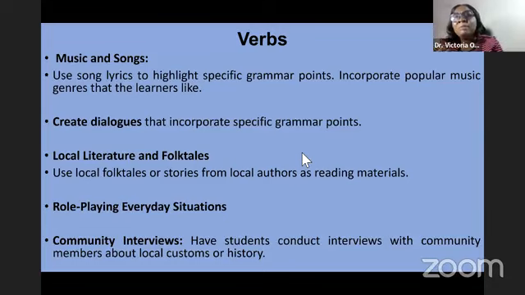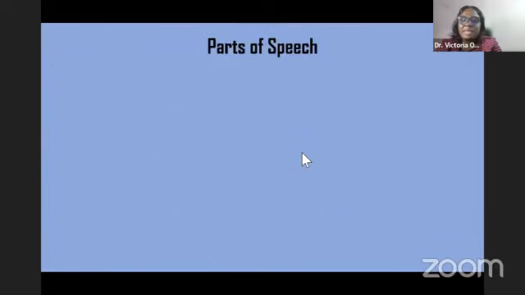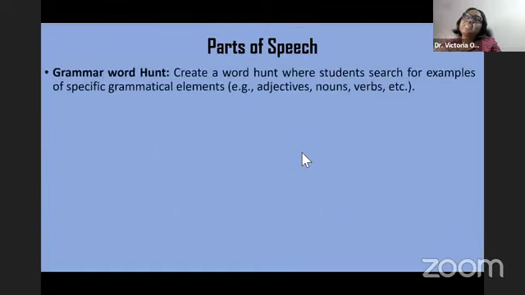So we can use some of these scenarios or strategies to teach verbs. And the good thing is these scenario strategies that we've talked about are multifaceted. They are not restricted to one aspect of grammar. They can be applied in all different contexts.